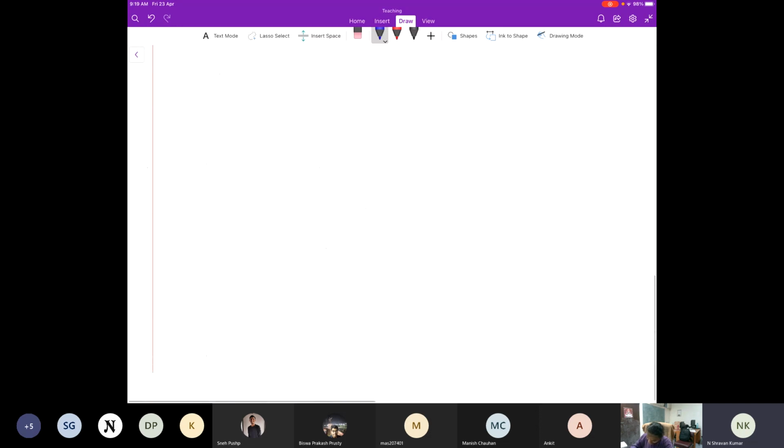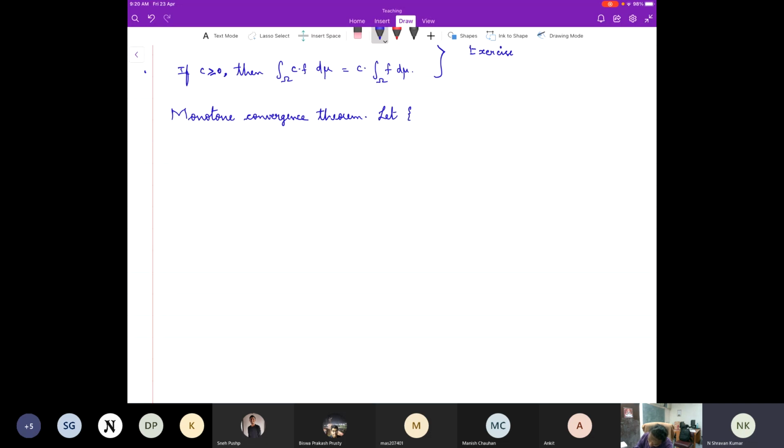So let F_n be a sequence of [0, infinity]-valued Borel measurable functions defined on a measure space (Omega, A, mu).